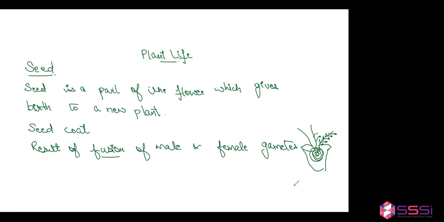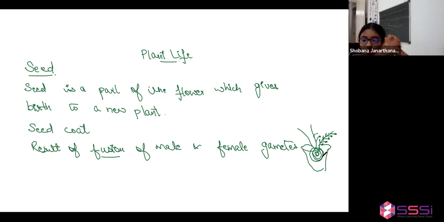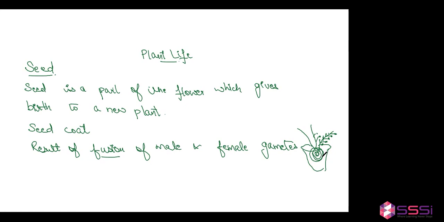Have you seen, whenever a fruit is grown on a tree, firstly the flower comes, right? Whatever fruit is grown, whether mango, guava or anything else, the flower contains the male and female gametes. They fuse with each other and form the fruit. So fusion means the combination.